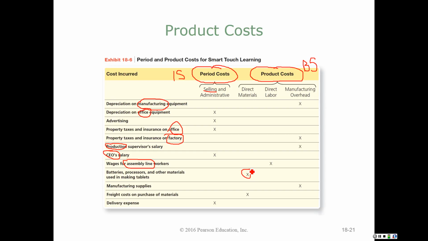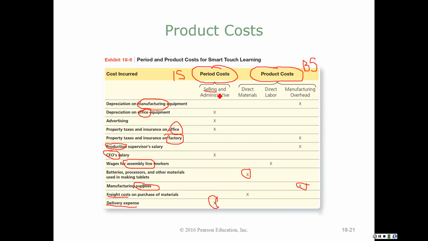On the other hand, if we have some manufacturing supplies that we can't trace directly to the product as a direct material, then we consider it manufacturing overhead. Freight in, you have to remember, is part of the cost of our inventory. Delivery expense is not. It is related to sales and will go immediately to our income statement.